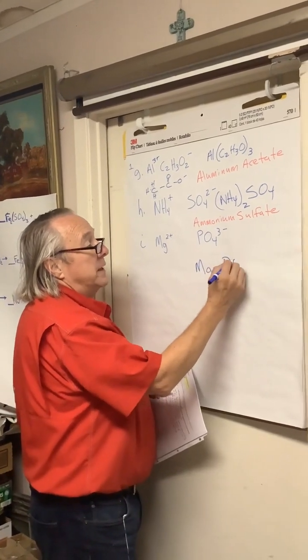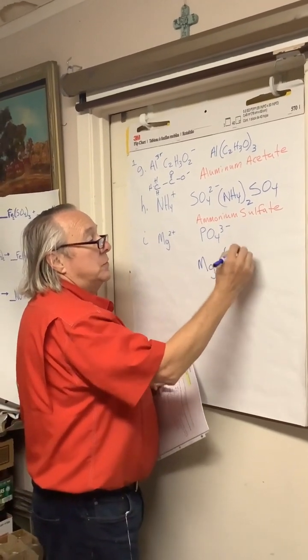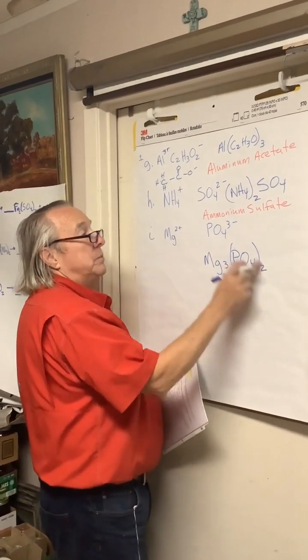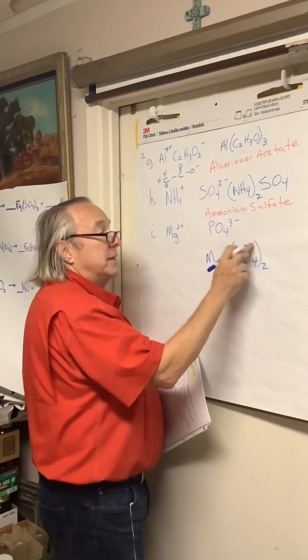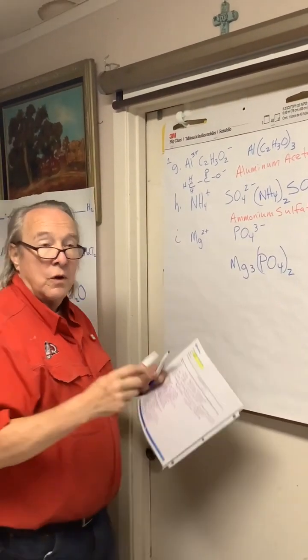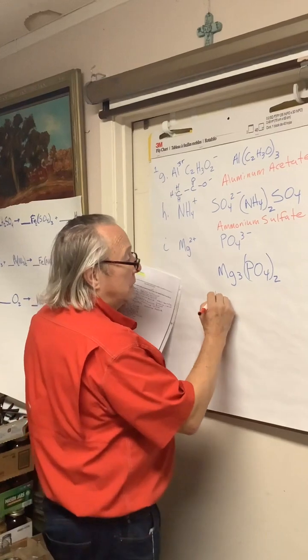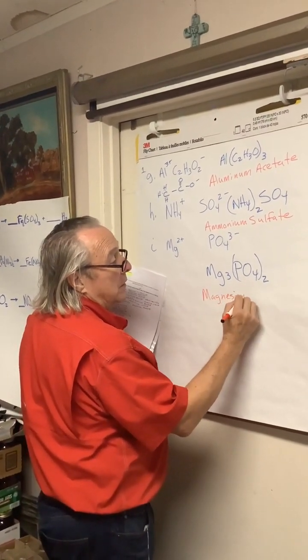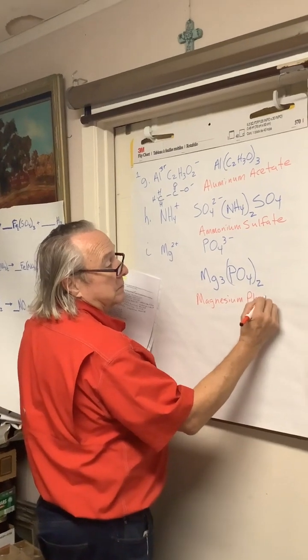And my phosphate, I need 2 of them, so we bracket it with parentheses and put a 2 there. That would be 2 times minus 3. I have minus 6 and plus 6. I now have a neutral species for my compound known as magnesium phosphate.